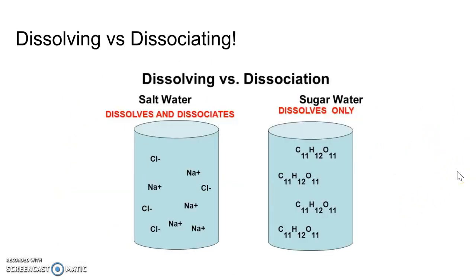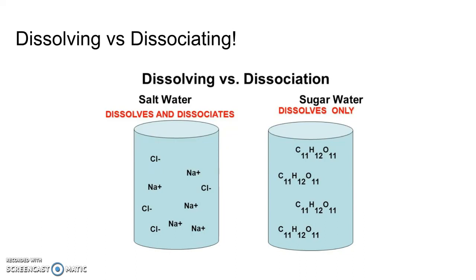It's very simple, but helpful to think of. When we're talking about ionic compounds, it dissolves and dissociates, right? So that means it breaks up into the individual ions. Sugar, not so much, it just gets surrounded by water. It dissolves, but it does not break up into individual pieces. Just something to keep in mind.